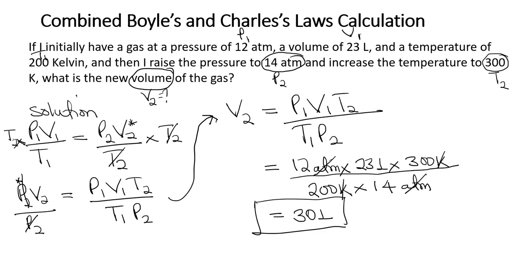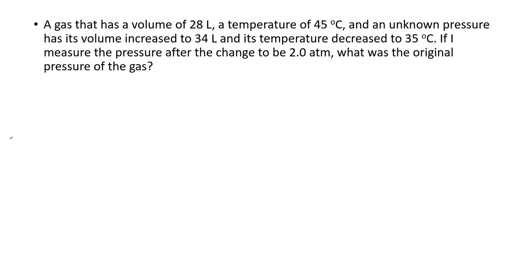All right, so let's look at another problem. A problem similar to this using the combined Boyle's and Charles law calculation. We have a gas that has a volume of 28 liters. So this is our V1. A temperature of 45 degrees Celsius. Now here, you are given this temperature in degrees Celsius. You need to change it to Kelvin.